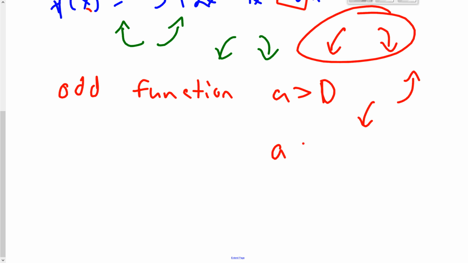If it's odd and a is less than 0, then it's going to go up to the left and down to the right.